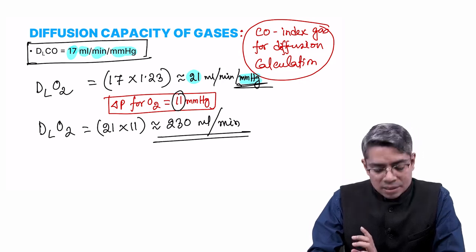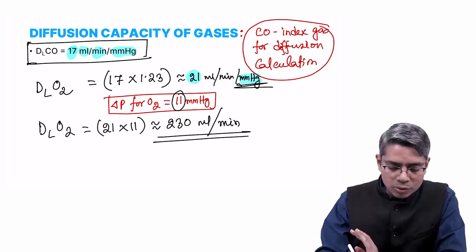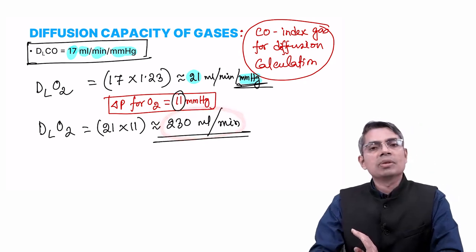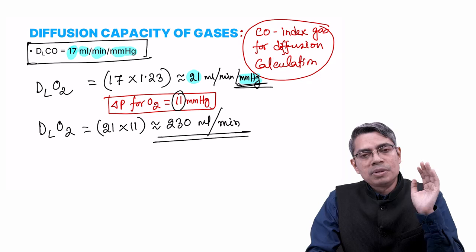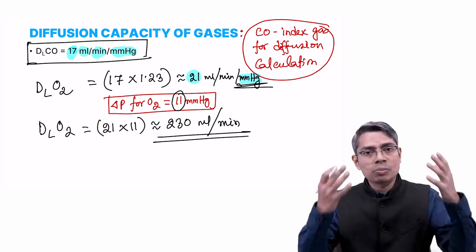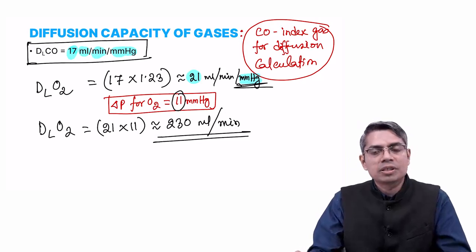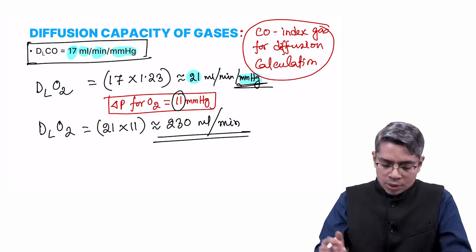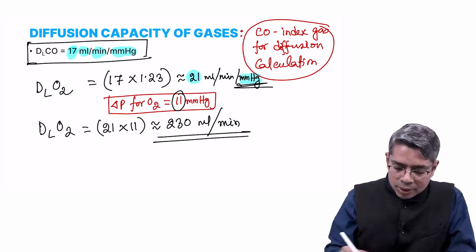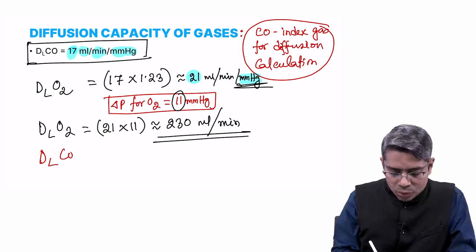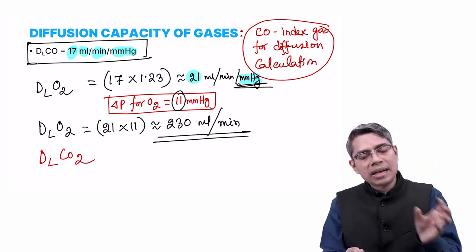And you know that this is also the total amount of oxygen consumed by the whole body tissue in 1 minute, approximately 230 to 250 ml. That is why there is an equilibrium, and there is no deficiency of oxygen at the level of tissue. This way you can also calculate the DLCO2, the diffusion capacity of carbon dioxide in the lung.